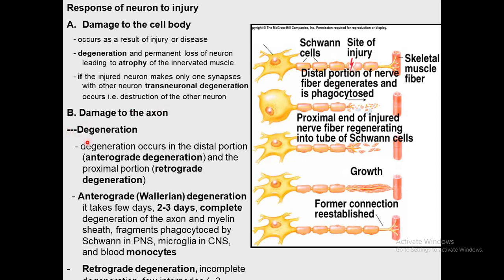Within the degeneration process, we have anterograde degeneration, which is called the Wallerian degeneration, and this takes 2 to 3 days, usually affecting the distal part of the neuron. This causes a complete degeneration of this part, which is called the anterograde degeneration.